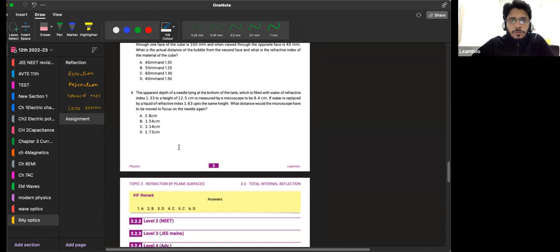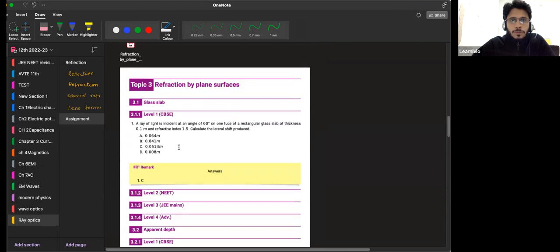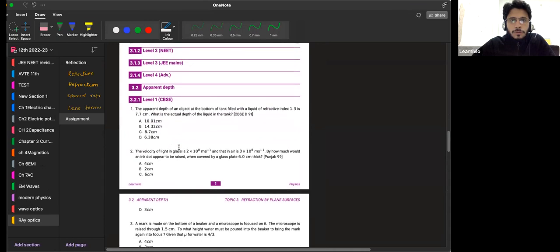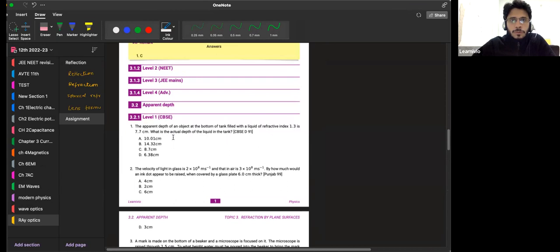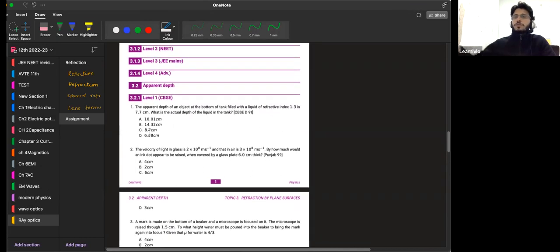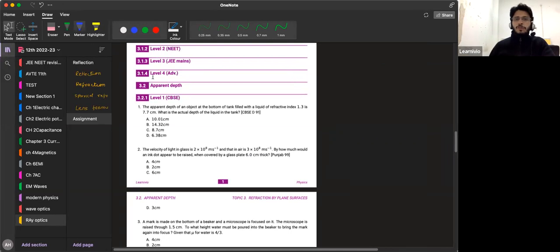Apparent depth. Do this question number 1. Let's start with question number 1, a straightforward thing. And no need to write the question. I will share this assignment with you. On the group, I'm sharing the assignment. Question number 1. No need to write the question.